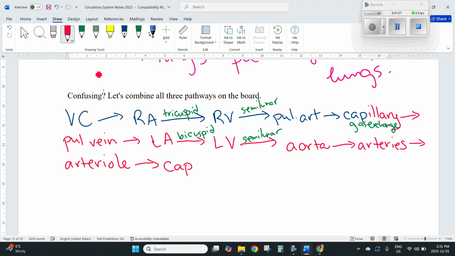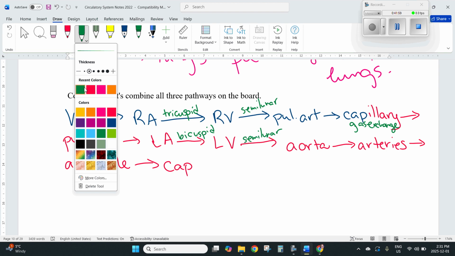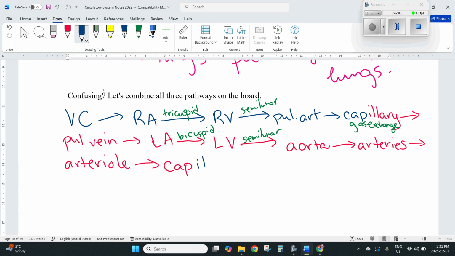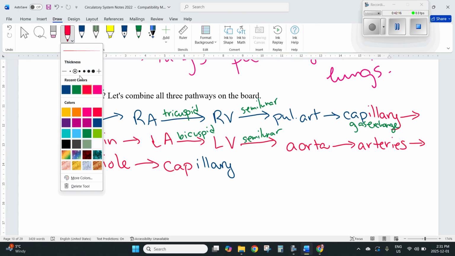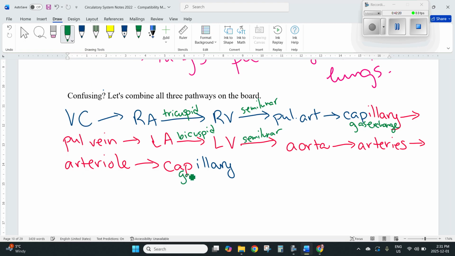Now, a capillary bed, again, we have gas exchange, which means that my color of pen should change from red now to blue, because what's happening is the oxygen is leaving and the carbon dioxide is entering. So you can put below that gas exchange. I'll do that actually. So we have gas exchange.